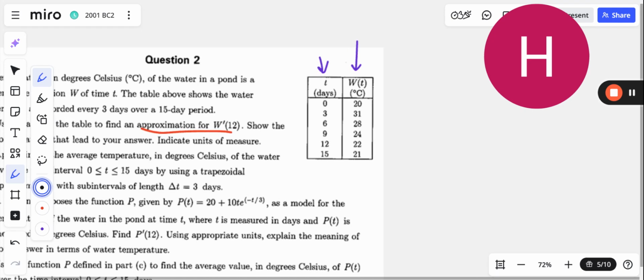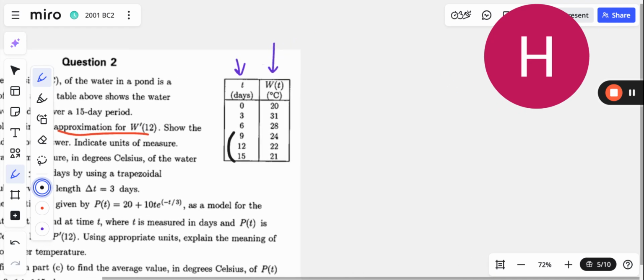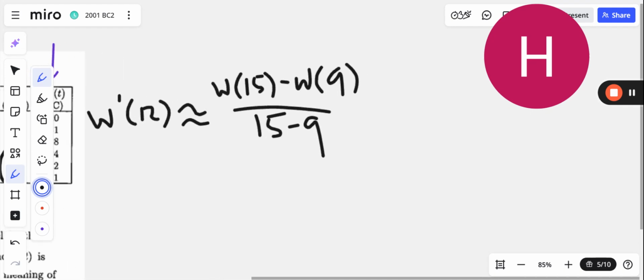So for 12, I'll want to pick an interval that surrounds 12, from 9 to 15. So we can say that W prime of 12 is approximately W15 minus W9 over 15 minus 9. That's a perfectly good approximation there.